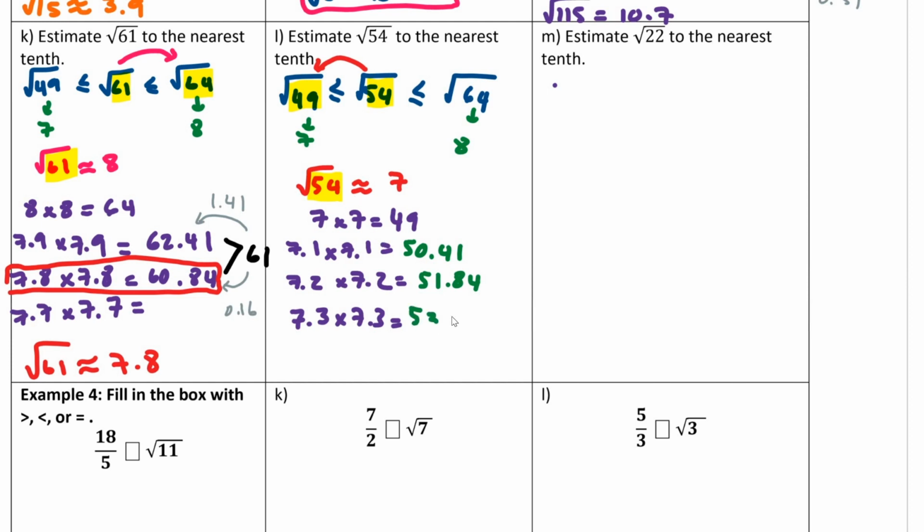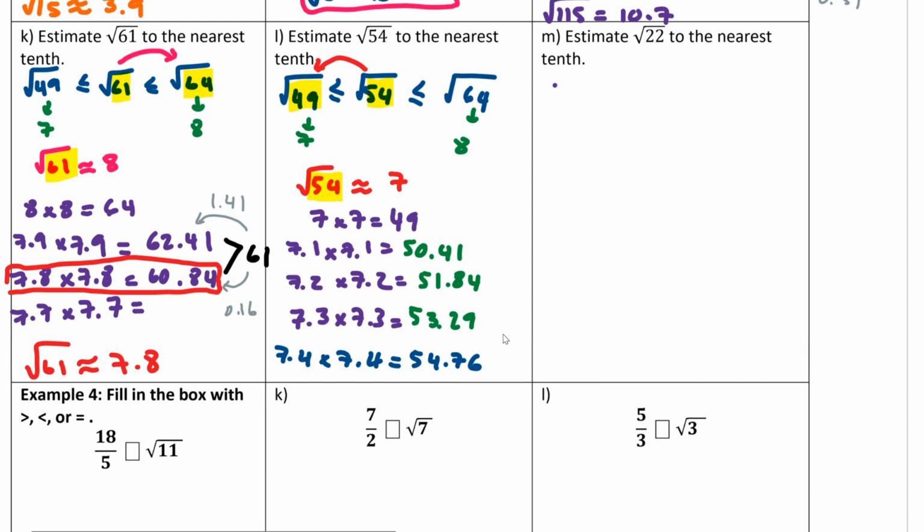So it's getting really close. I think the next one will be the answer. 7.4 times 7.4 is 54.76. So it's just past 54.